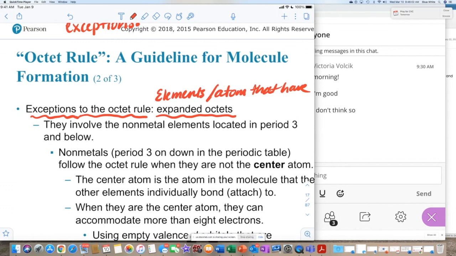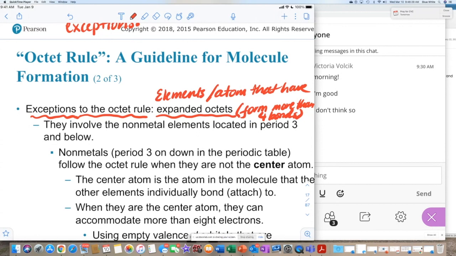The expanded octet just means that they're able to form more than 4 bonds. They're able to be surrounded by more than just 8 electrons. So they are beyond octet. There is no dectet rule or anything like that, so we just call them exceptions to the octet rule.